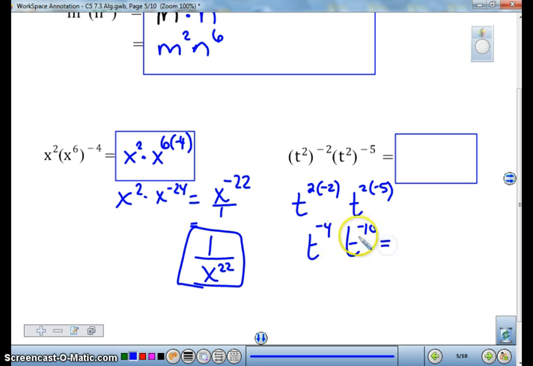And when we add, we will end up with t to the negative 14. Remember, when you multiply the base, you add the exponents. T to the negative 14 is going to be written as our answer as 1 over t to the 14th power. Again, pause it, rewind it, so that you can see how to write this down.